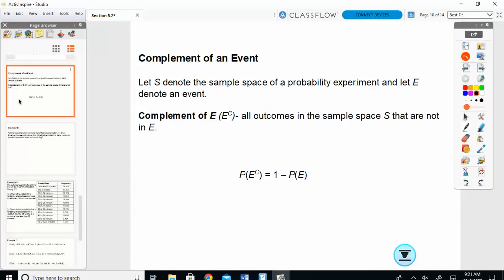This textbook tends to use a C up at the top to represent complement. You might also see a bar over the top, and that just means the probability of not being in the set. That's always just 1 minus your probability. So if I said there is a 10% chance that you are a senior, then what's the probability that you are not a senior? 90%. Just 1 minus that.